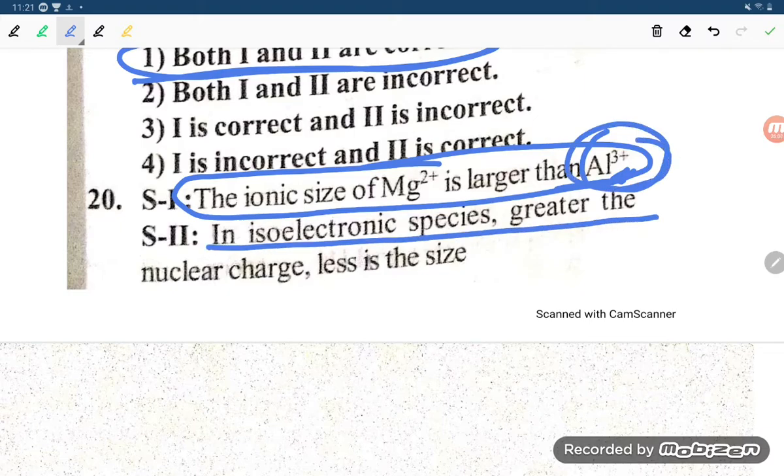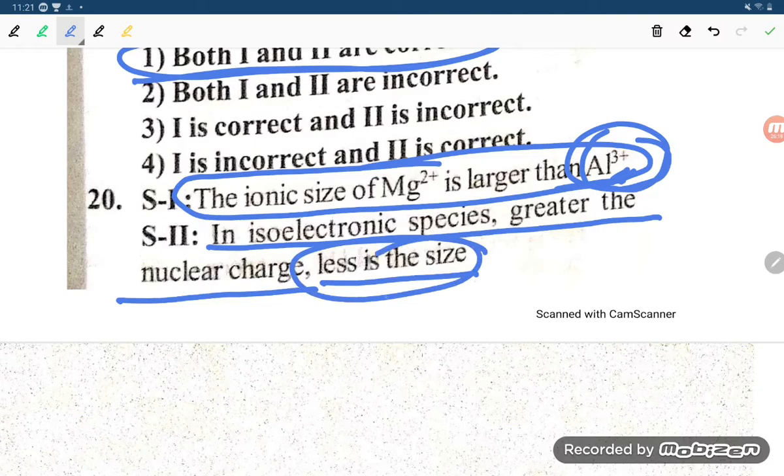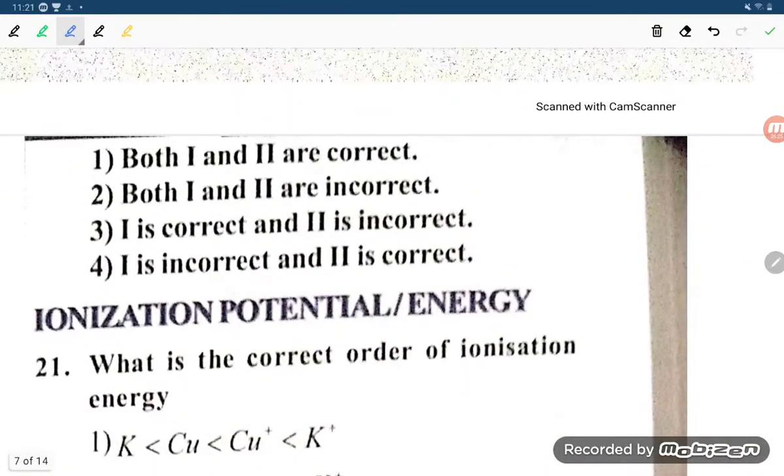In isoelectronic species, the greater the nuclear charge, the less the size. More protons, smaller size. So both are correct, student, options 1 and 2 are correct.